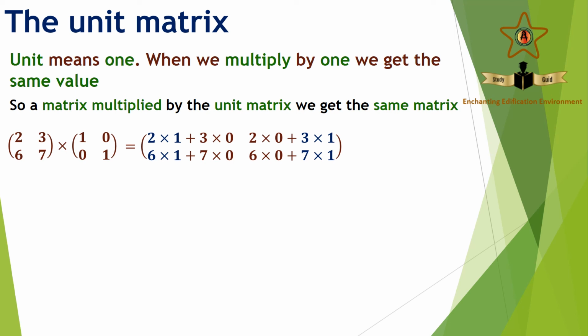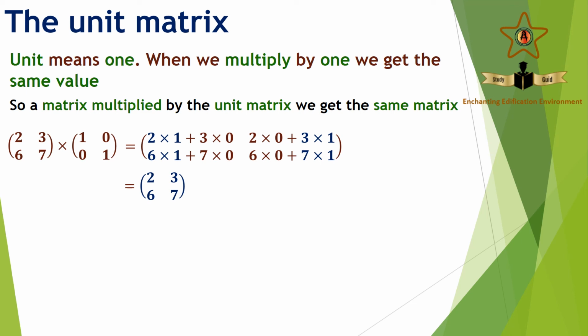Then to get the first element of the second row, we have to multiply 6 into 1 plus 7 into 0. Second element, second row, we have to multiply 6 into 0 plus 7 into 1. So we end up with 2, 3, 6, 7.